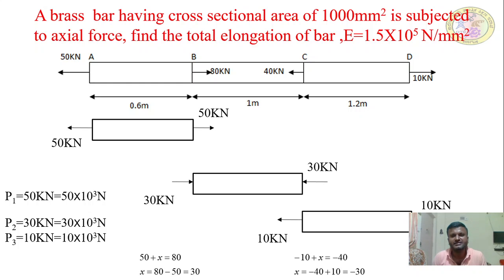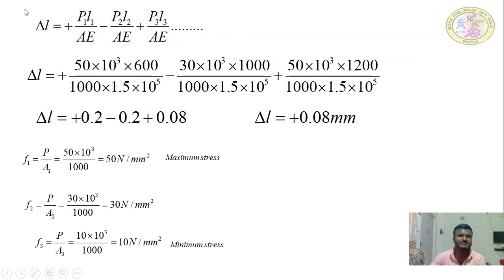And member CD is subjected to a 10 kilonewton tensile force, so we need to find the elongation of member CD as well. Elongation is nothing but change in length, which is given by the equation PL by AE, where P is the force, L is the length of the bar, A is the cross-sectional area, and E is Young's modulus of elasticity.